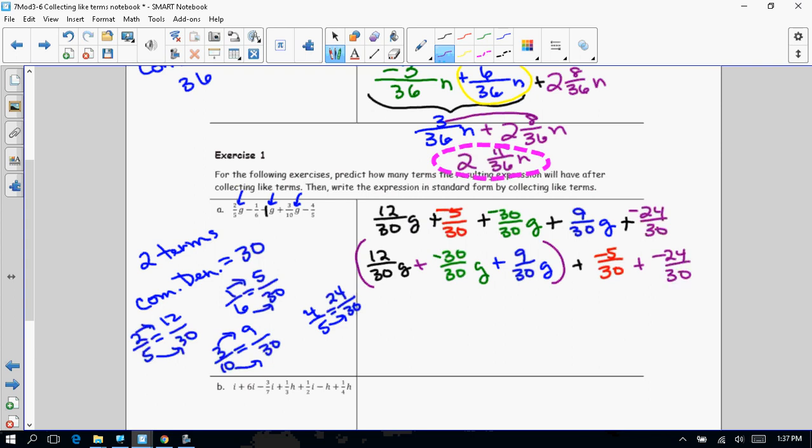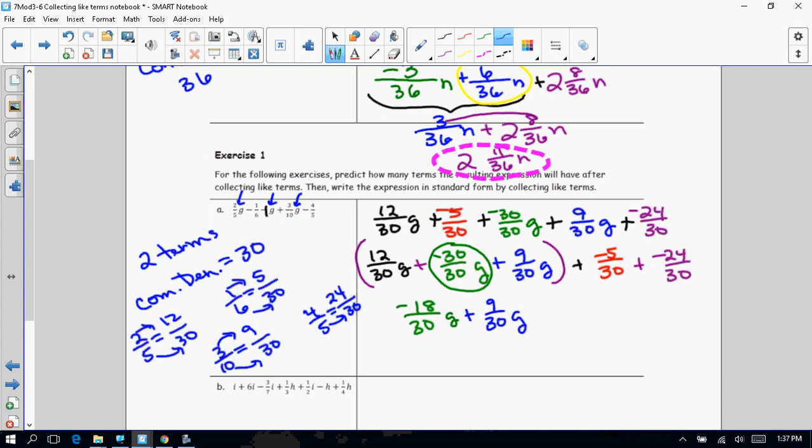Let's add those up, just add straight across. So 12 over 30 and negative 30 over 30, this is bigger, so I'm going to have that one win. So 30 minus 12 is what? Negative 18 over 30 G plus 9/30 G.